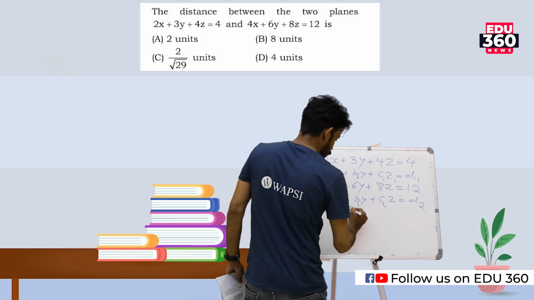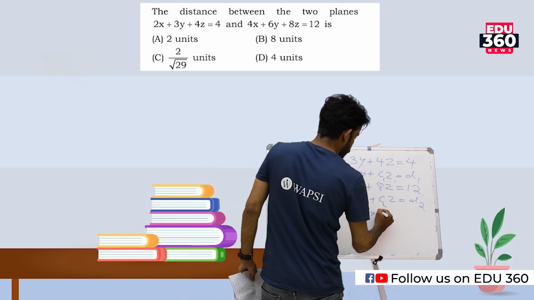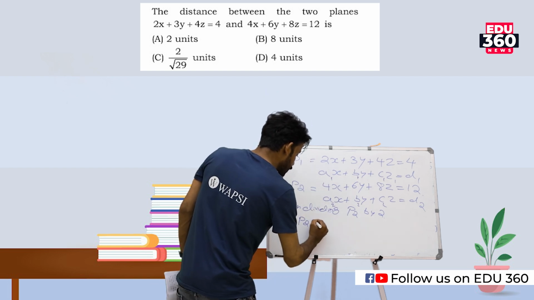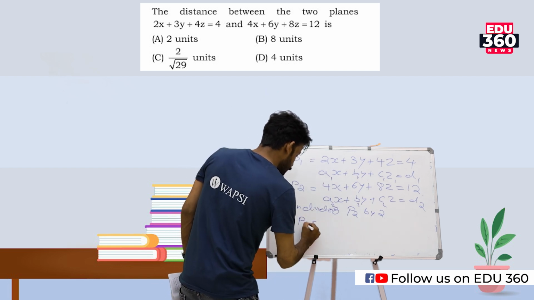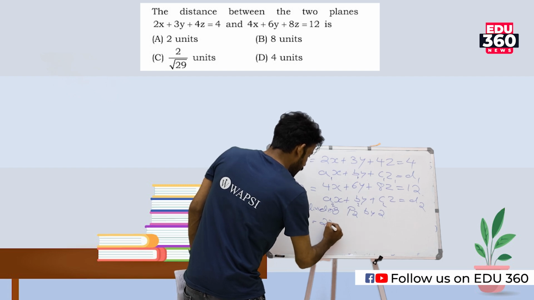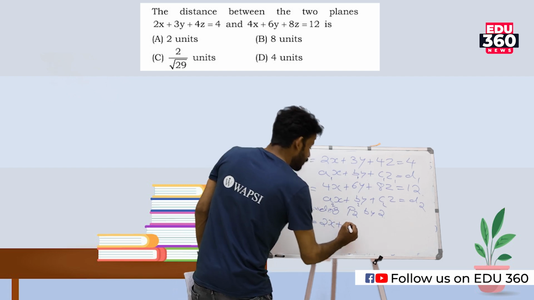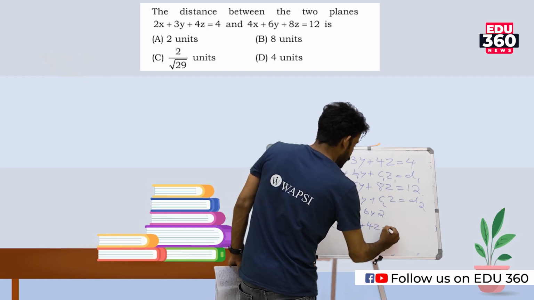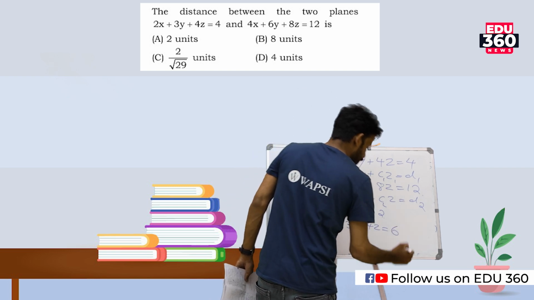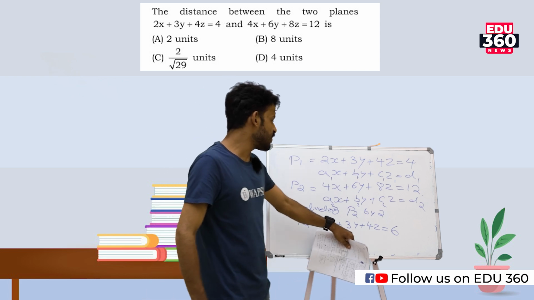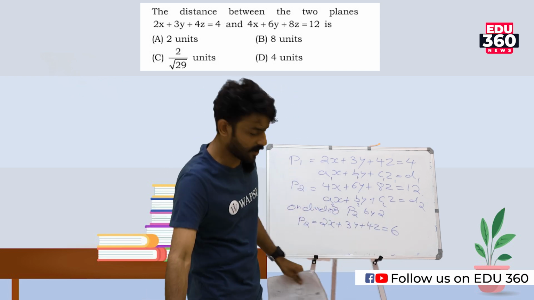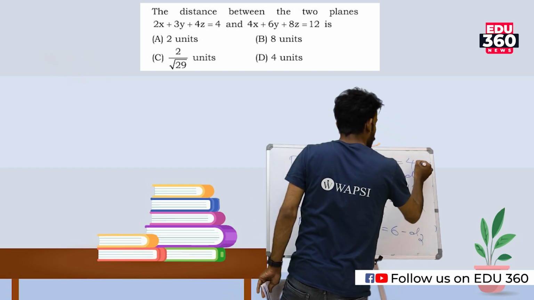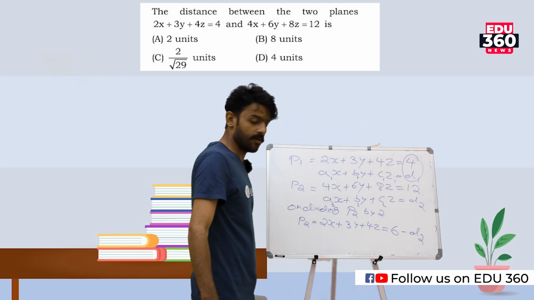On dividing, we get 2x plus 3y plus 4z is equal to 6. So this will be d2, and 4 is d1.